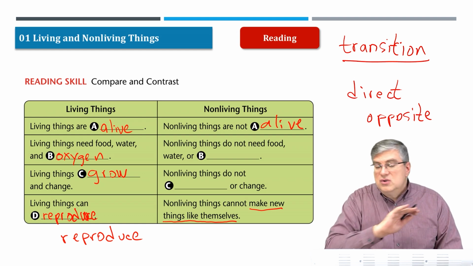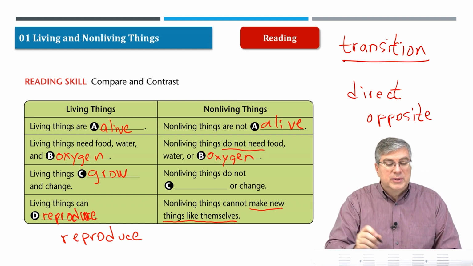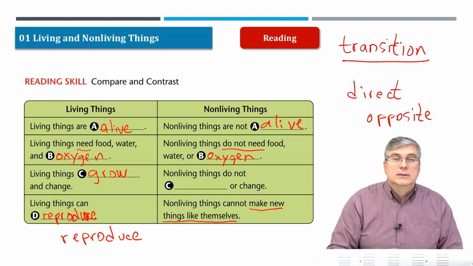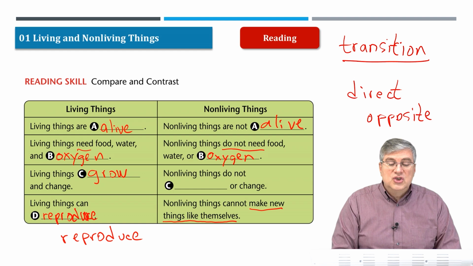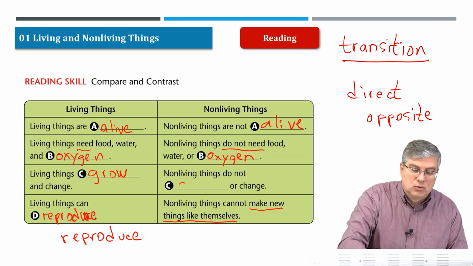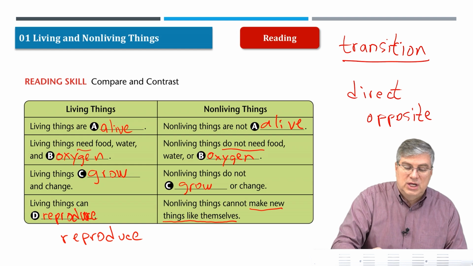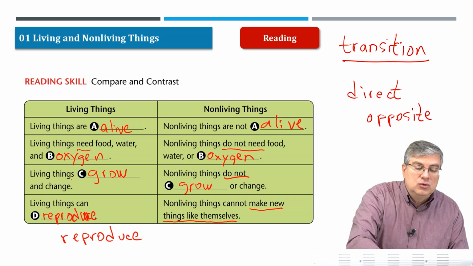But non-living things do not need food, water, or oxygen. Of course, we can just use the same word because do not need is the direct opposite of need. Okay? Direct opposite. So, living things grow and change. Non-living things do not grow or change. We don't need do here, it is what we say implied.